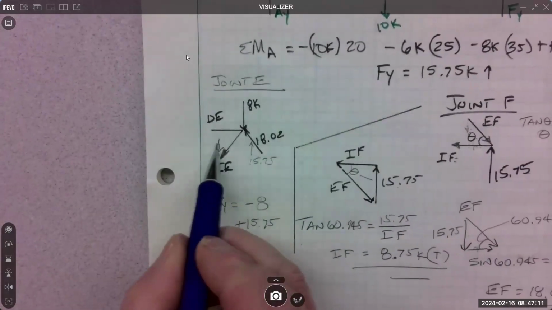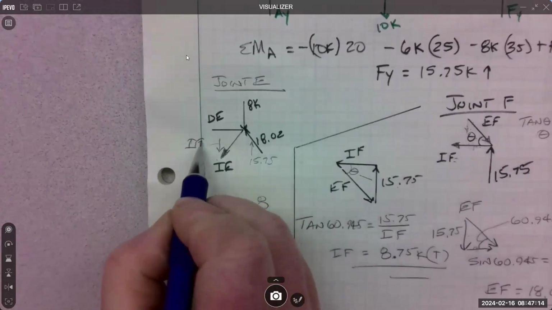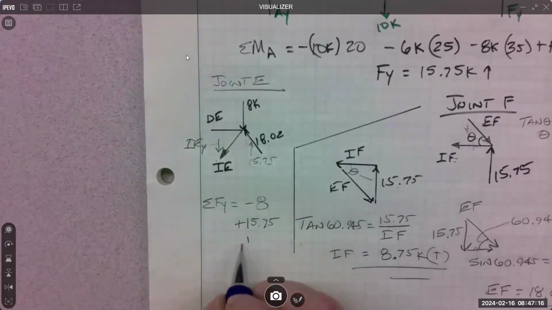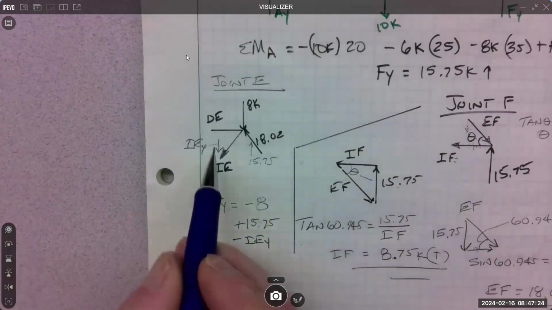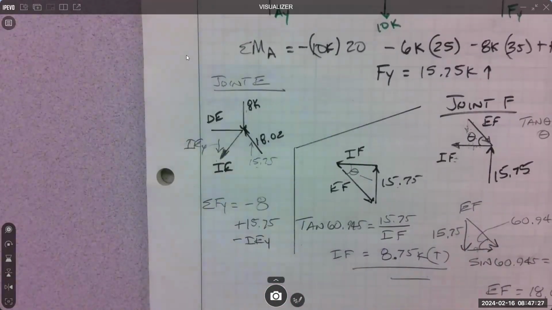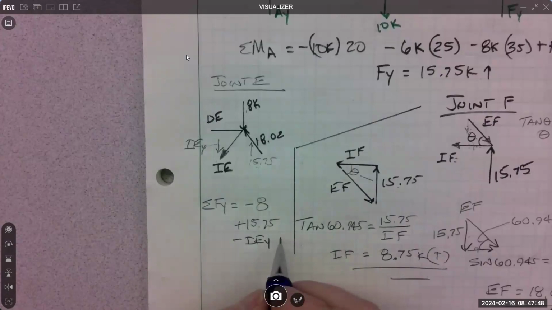But we know that that is IEY, the Y component, and I can just put that in, and that has to go down, so minus IEY. All that is equal to 0.